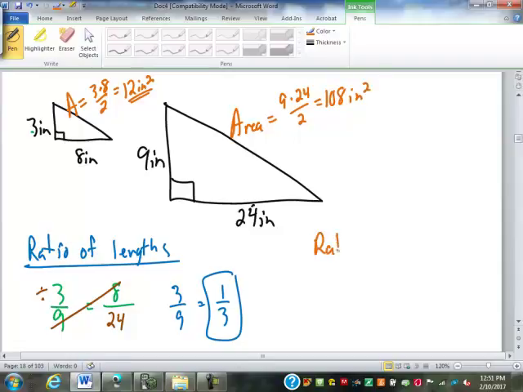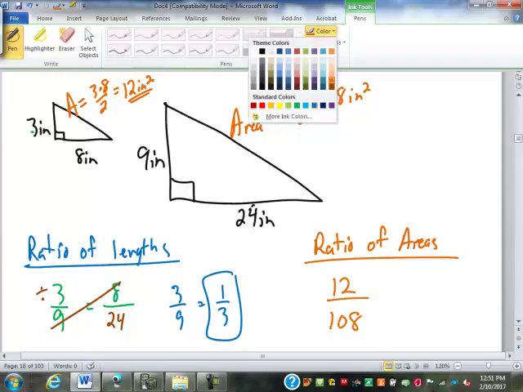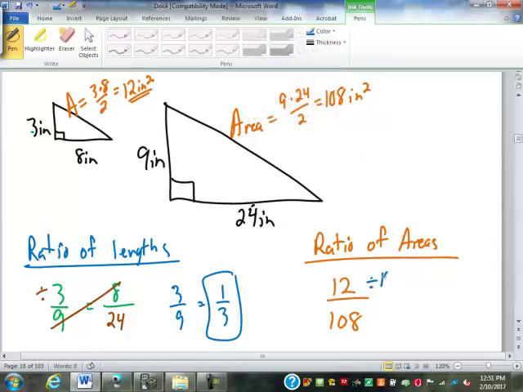What is my ratio of areas? It is 12 to 108. Can that be reduced? Yeah, what can they both be divided by? 12. It's 1 to 9 ratio. Interesting. The ratio of areas and the ratio of lengths is not the same.